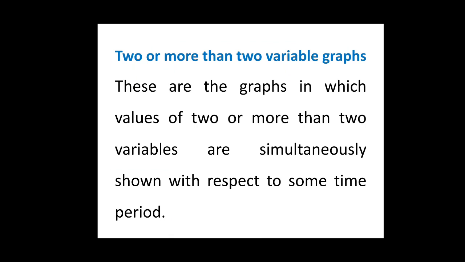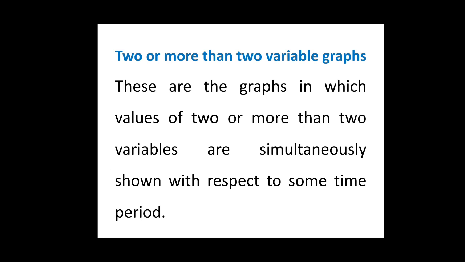That is, in such type of graphs, we can represent two or more than two variables on the same graph paper, which eventually facilitates comparison. However, for the sake of clarity, we should not represent more than 5 or 6 variables on the same graph paper. Rather, we get confused among different lines which will cut each other.